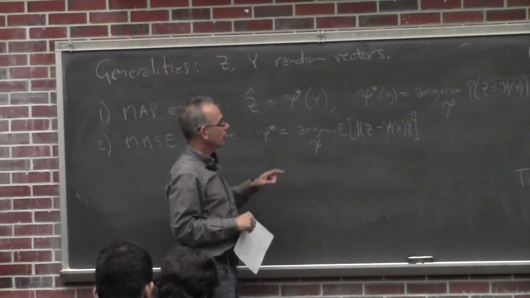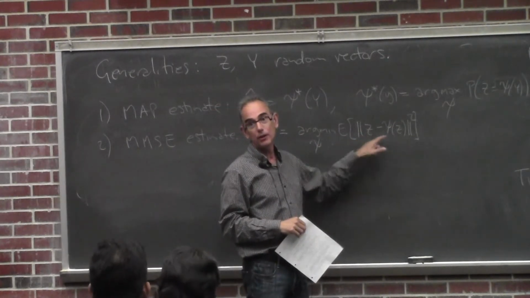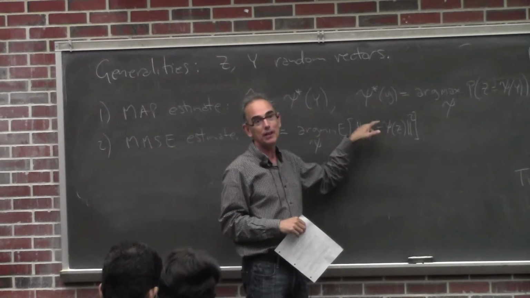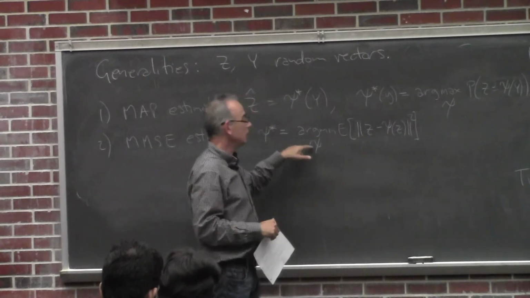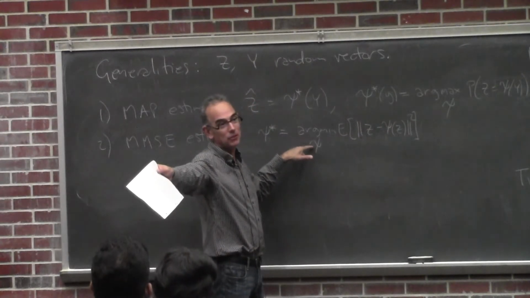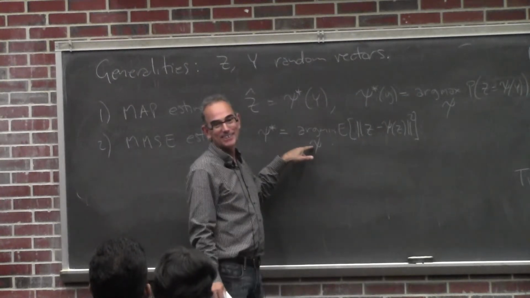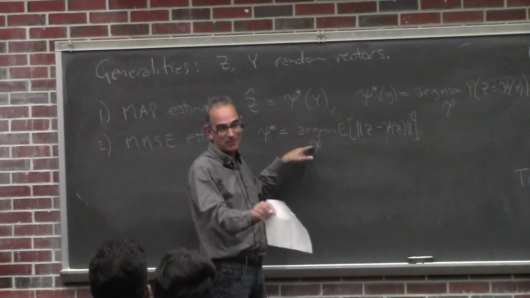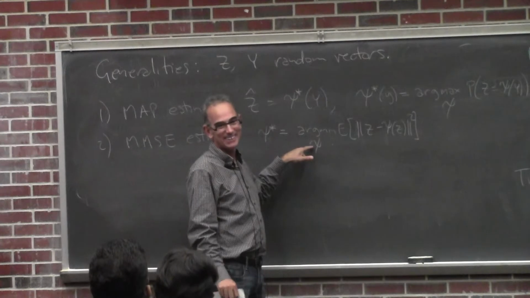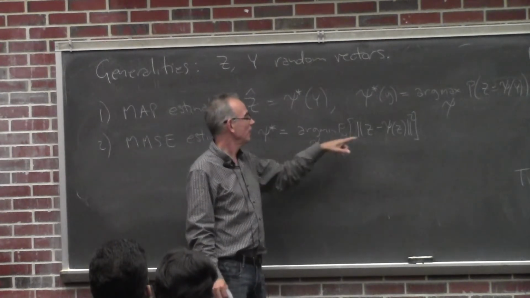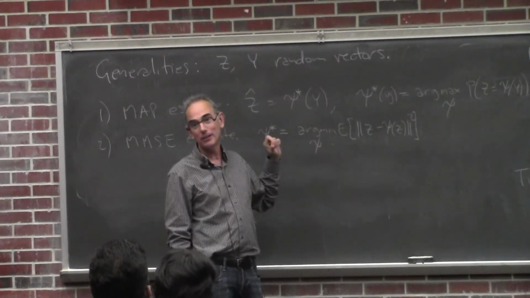All right, so I take z and I look at the error. I take the vector norm and square it, and I take the minimum over all functions of y. And what do you get? You should all know. Not the average. Something like covariance inverse something. Well, this is over all nonlinear functions of the data.